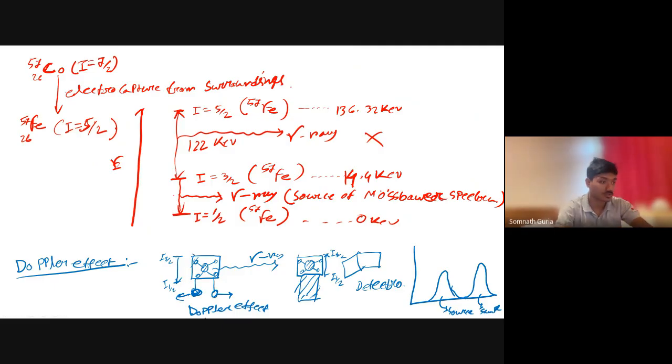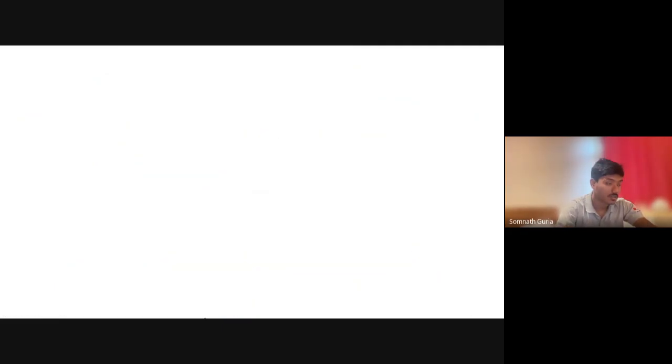Let's suppose from one particular phenomenon we get some spectra with the help of the Doppler velocity. Initially we provide some backwards energy, that is, negative Doppler velocity. In that case, our spectra looks like this.